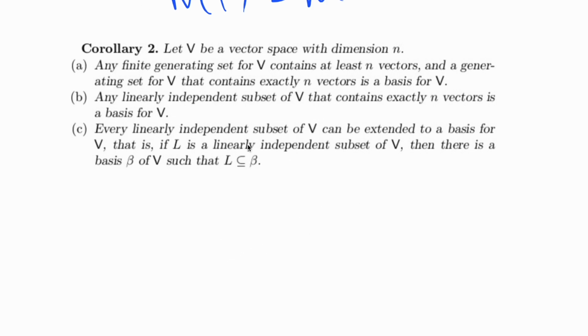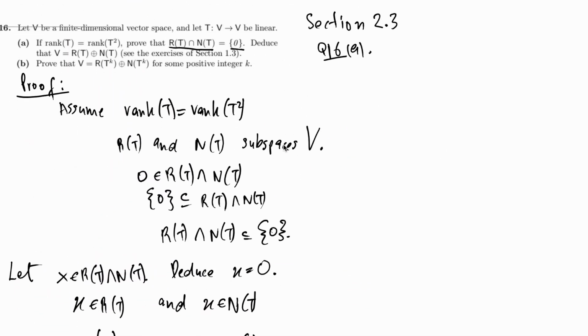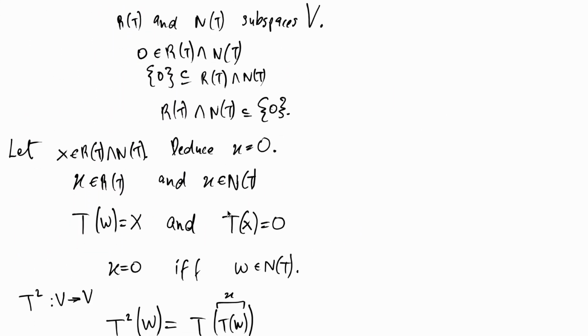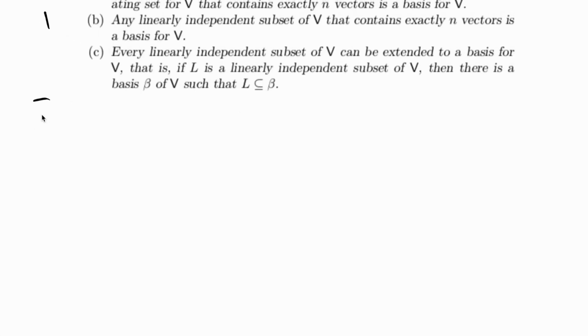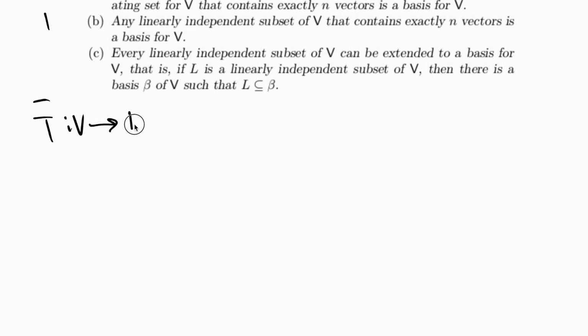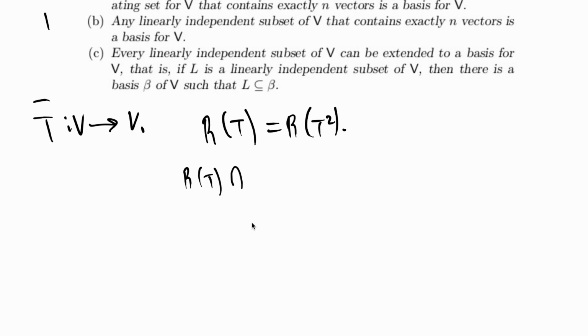Now just to recap the idea of our proof, because the details you can rewind and go through again. So this is what we did. We have some linear transformation T from V to V. We've been given that the rank of T is equal to the rank of T². We want to show that R(T) intersection N(T) is equal to the zero set, the set containing 0.